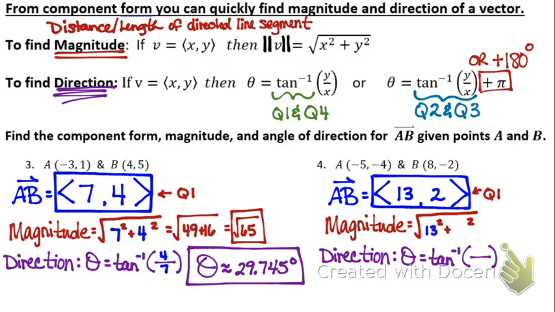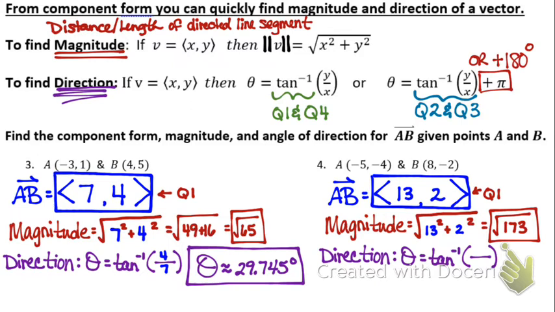So I'm going to do 13 squared plus 2 squared, which gives me what? Radical 173. Is that prime? Yes, it is, which means it cannot simplify any further than that. If you can simplify it, reduce that down, put it in simplified radical form, pull out any perfect squares.